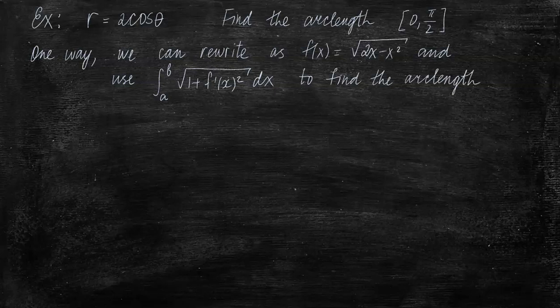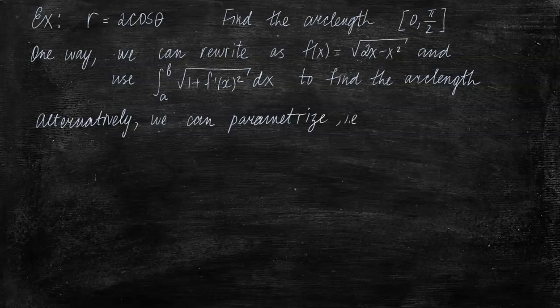Now, alternatively, we can parameterize the equation. In this case, what does parameterize mean? We're going to create two equations, and x will be r, which is 2 cosine theta, times cosine theta.